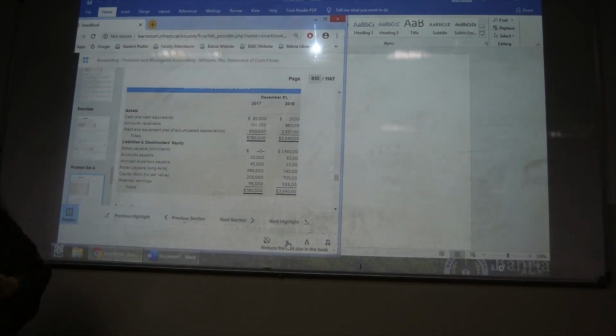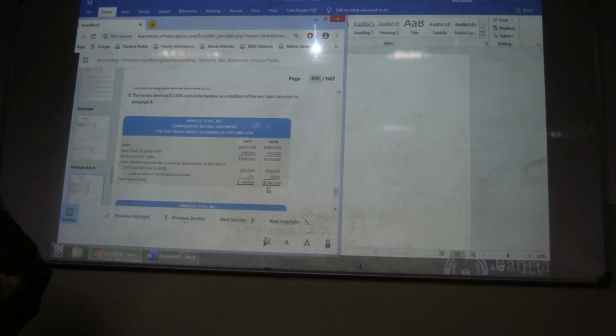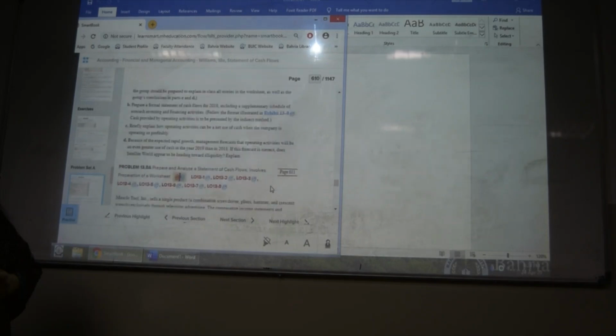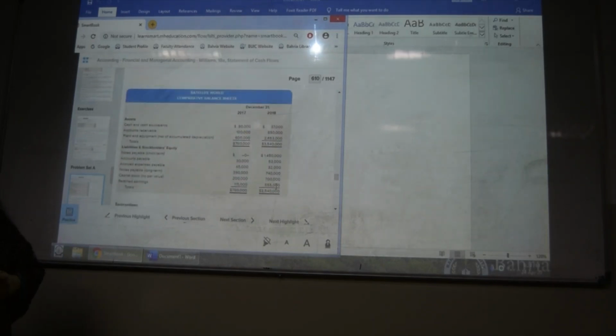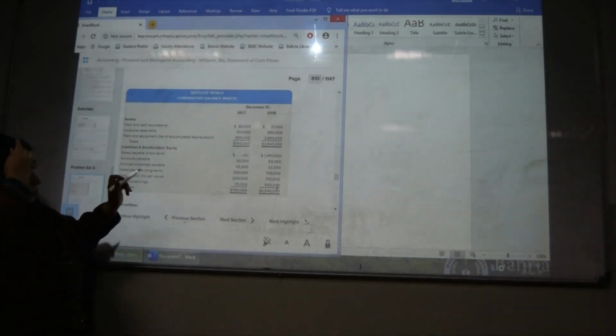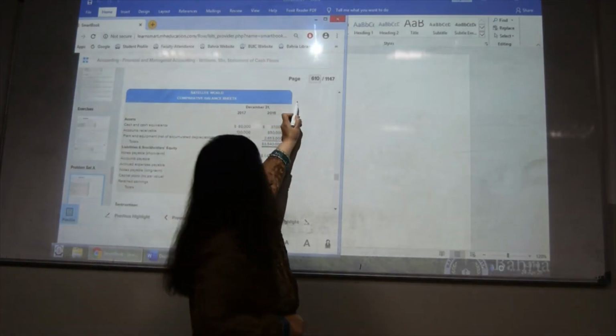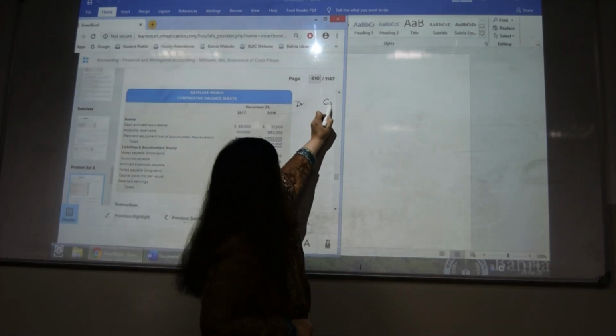It's not that visible, so I have to reduce the font. Now you see this is 2017 and 2018. I'm going to be drawing a debit here and a credit.